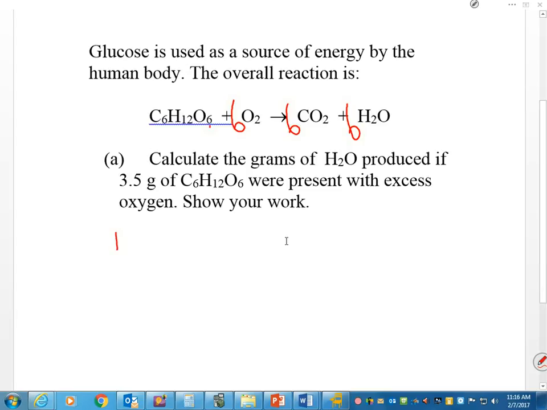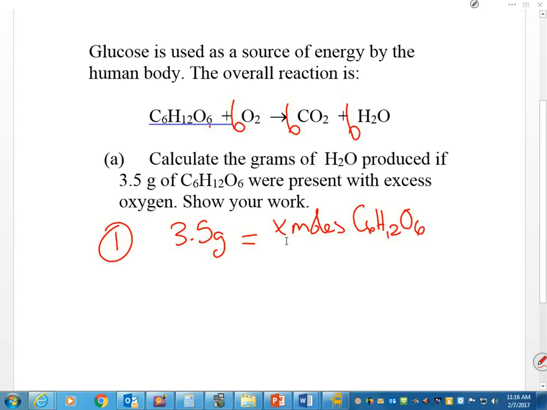So if I have 3.5 grams of sugar, and I want to know X moles of sugar, which is C6H12O6, how do I do this? We need the molar mass.